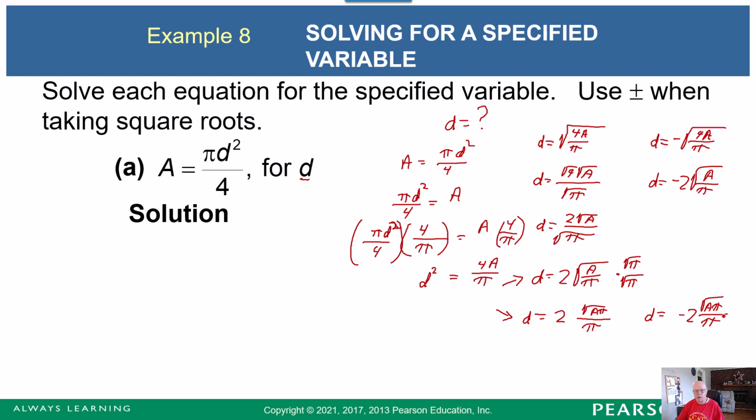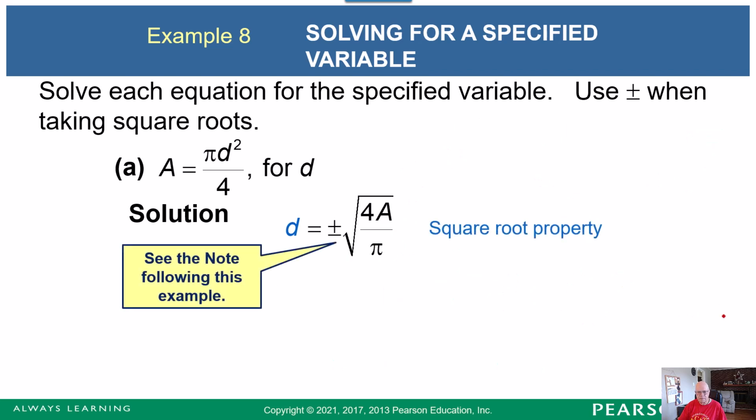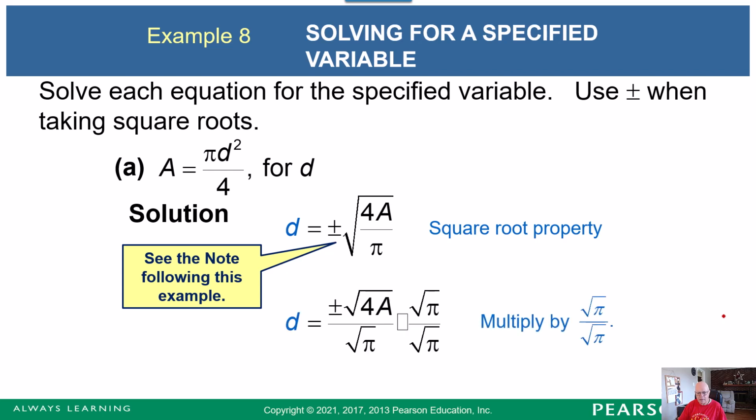Let's see what the PowerPoint does, because I haven't seen this one. They take a different route, but equivalent. There's a square root property, and there's the 4a up there and the pi in the bottom. And they also multiply by square root of pi over square root of pi.